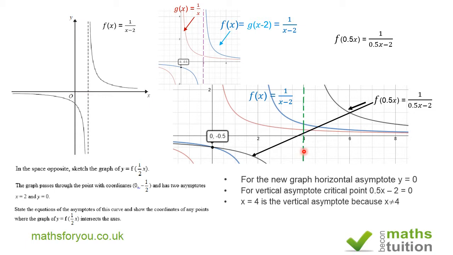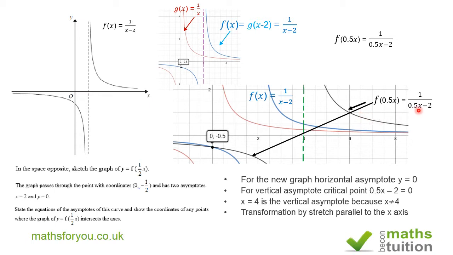So the vertical asymptote is at x is equal to 4 there. So what we now have is the transformation of f of x is equal to 1 over x minus 2 to 1 over 0.5x minus 2. So that's the transformation from this graph in blue to the graph in black there.